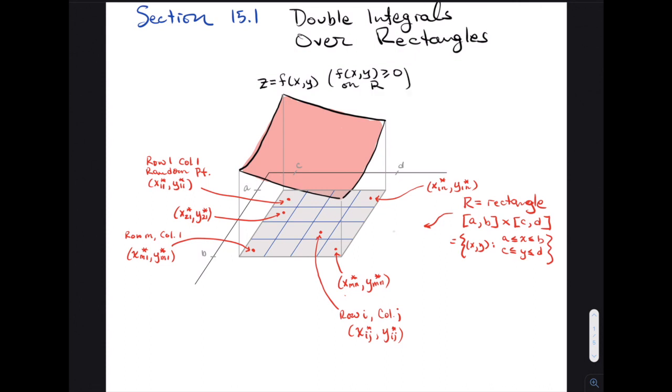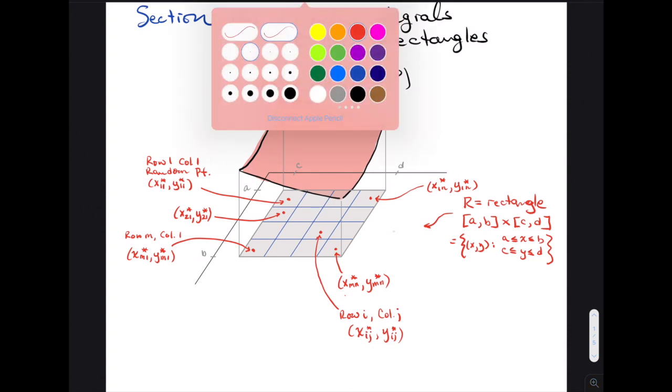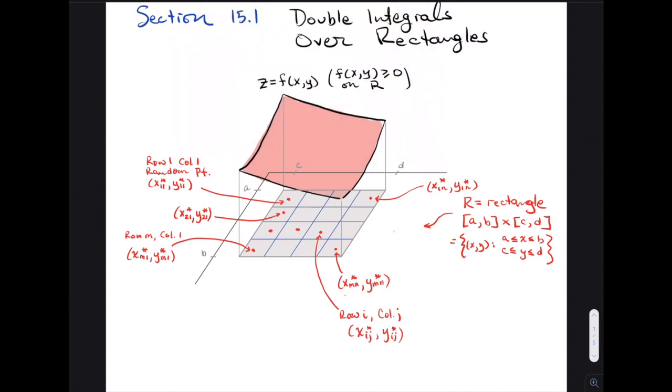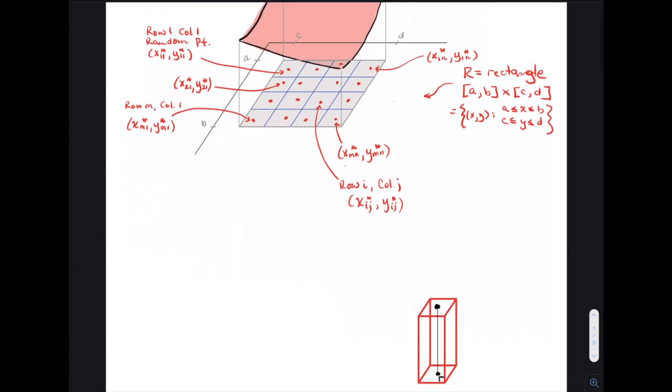And what we do is evaluate the function of these two variables at each of these points, and I'll go ahead and plot points in all of these regions here. So we're evaluating the function at points in every one of these subregions.